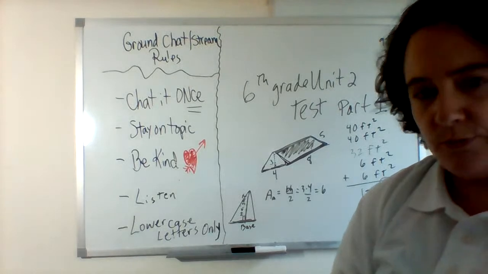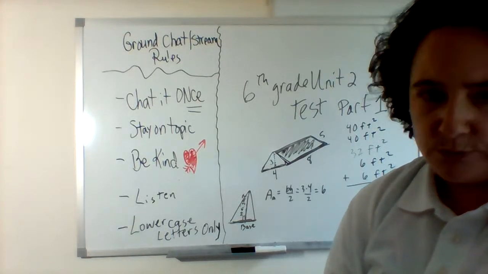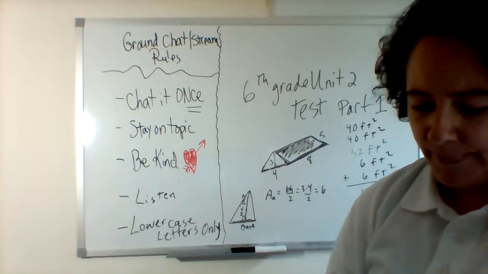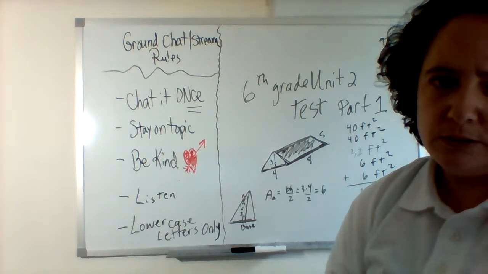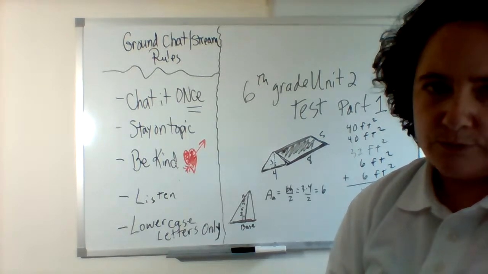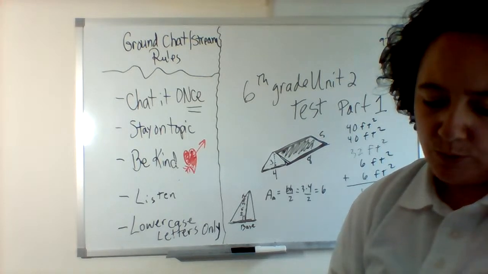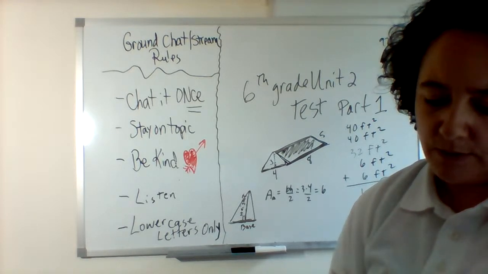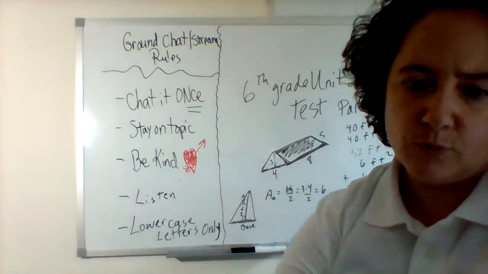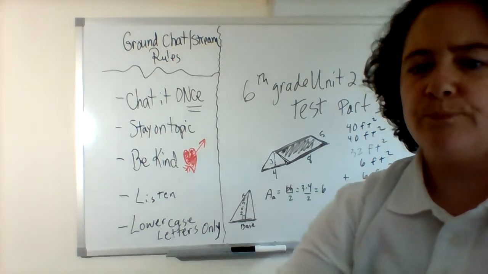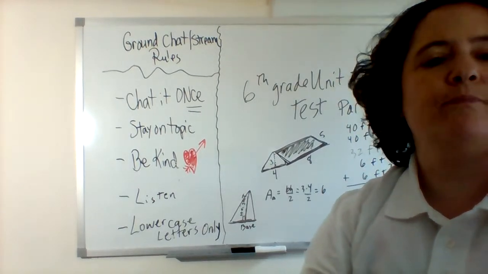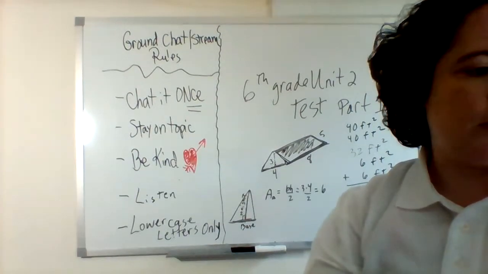So we have 12, 12, 15, 15, 20, and 20. 20, 40, 50, 60, 70, 80, 94. I think this is 94. Okay.